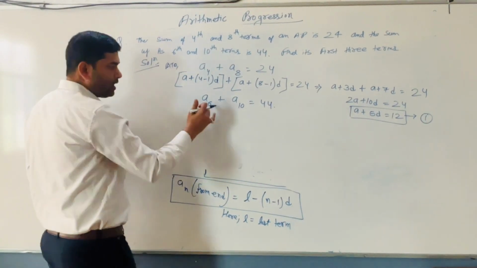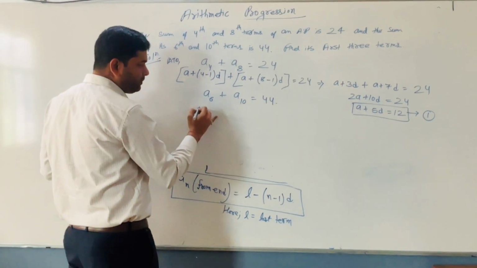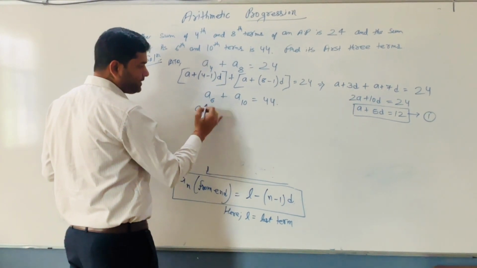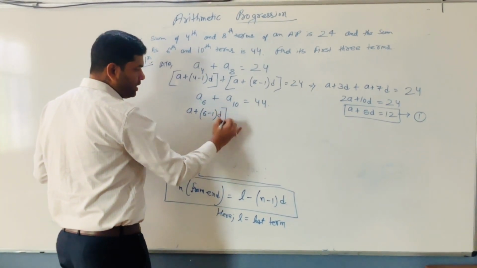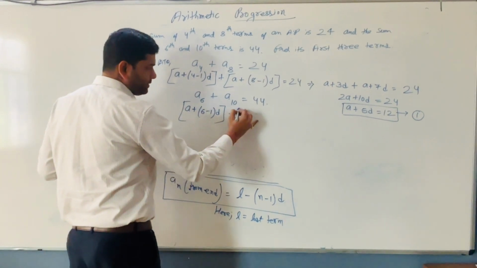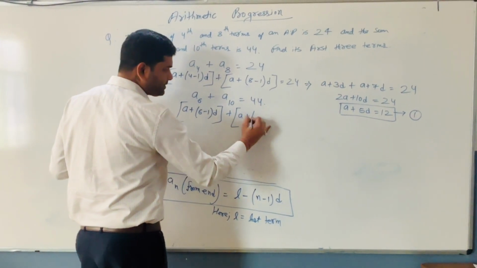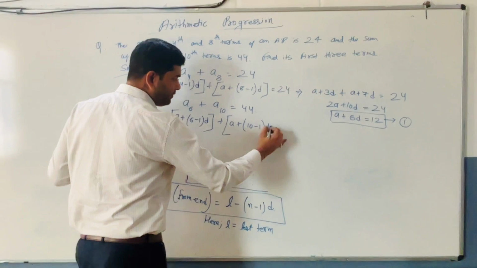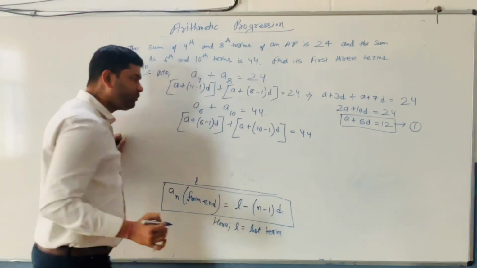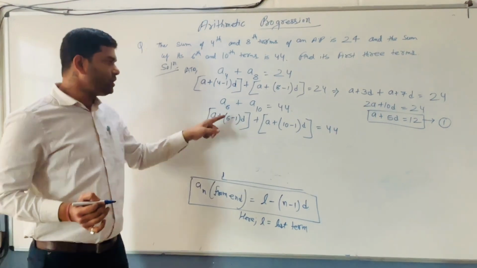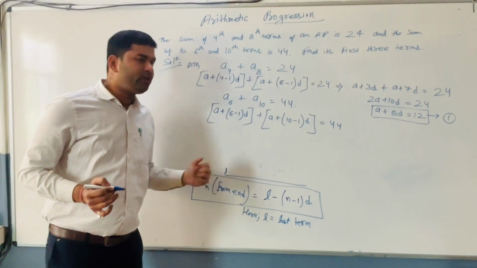Let's see. If you simplify, the 6th term is A plus 6 minus 1 times d, and the 10th term is A plus 10 minus 1 times d. The value of this is 44, already given in the question. We are just using the formula and simplifying them.